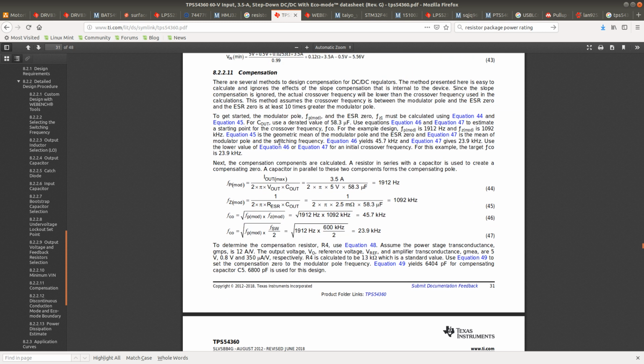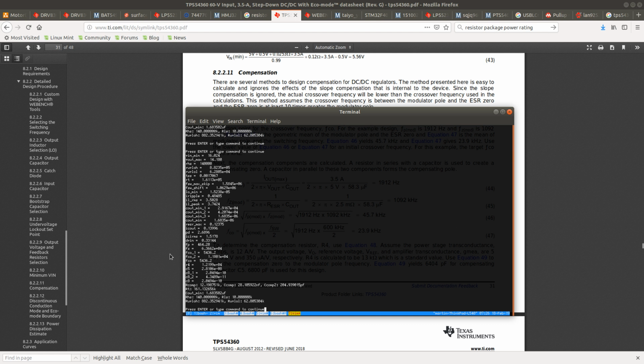Use the lower value of 46 and 47. Okay. So we use the lower value, which in this case is 5.4 kilohertz.